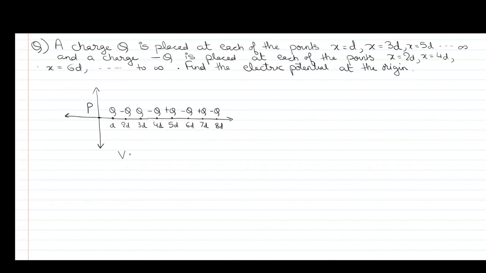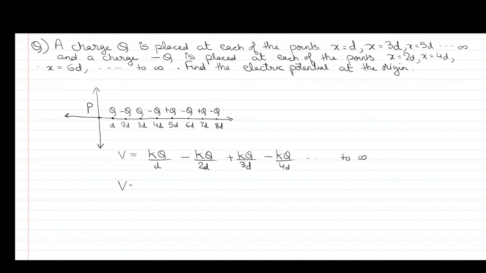So the potential will be, we can see that it is k q upon d. Then minus q is placed 2d distance apart, minus kq by 2d, then plus kq by 3d, then minus kq by 4d, and so on up to infinity.